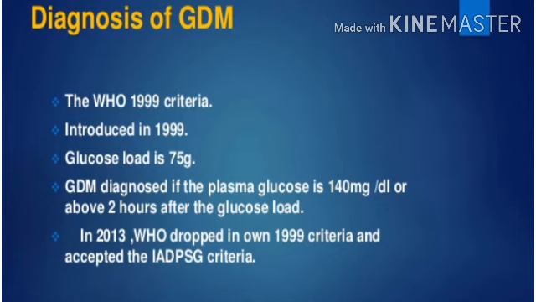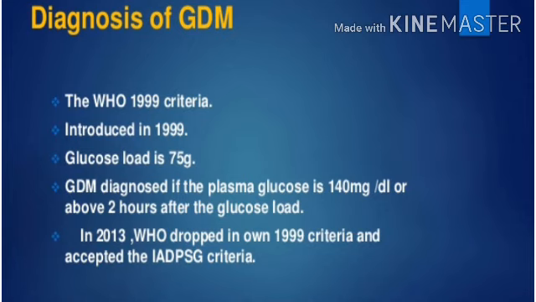How can we diagnose gestational diabetes mellitus? It is characterized by hyperglycemia or increased blood glucose level, even though there are certain criteria put forward by WHO. According to WHO criteria, gestational diabetes mellitus is diagnosed if the plasma glucose is 140 mg per deciliter or above 2 hours after intake of 75 gram of glucose.